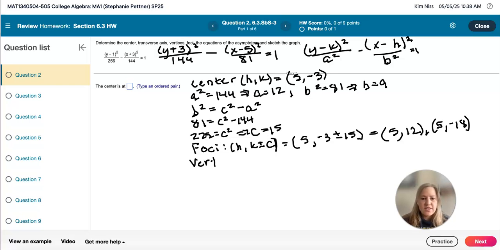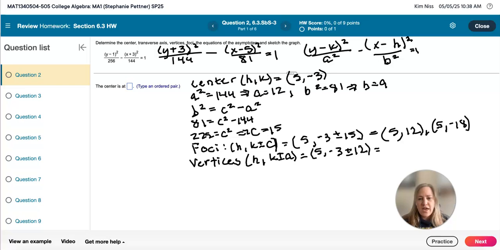Now we want to do the vertices. The vertices are (h, k ± a). We had h was 5, k is negative 3, so negative 3 plus or minus a, which we found to be 12.